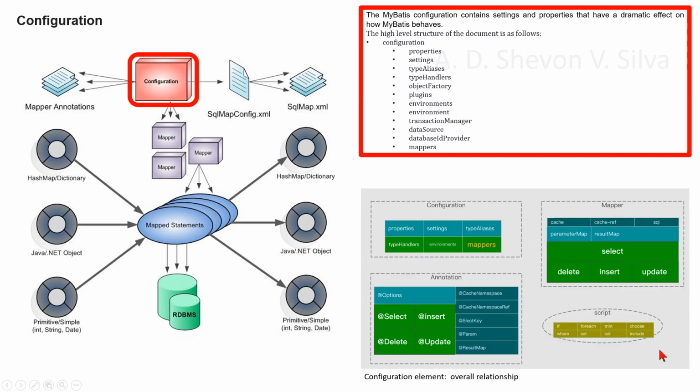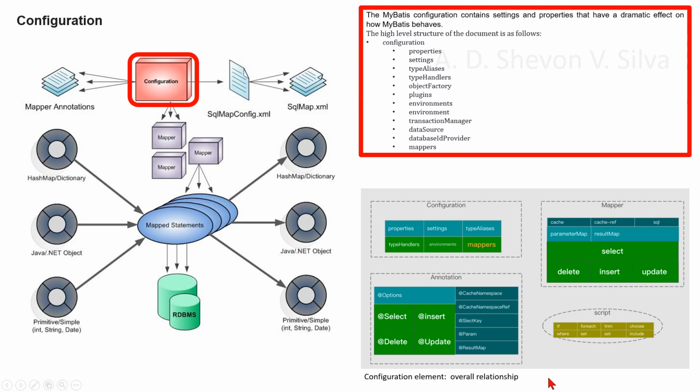Here you can see the overall relationship in configuration elements. Configuration information comes from XMLs and nodes. Each file and node is composed of several configuration elements presenting a nested relationship.